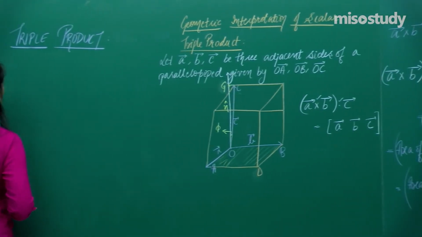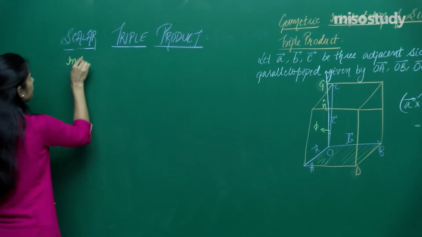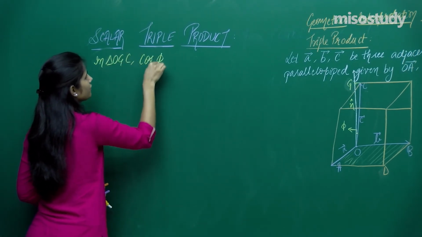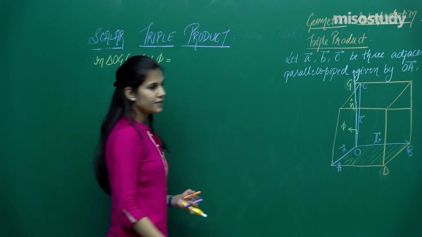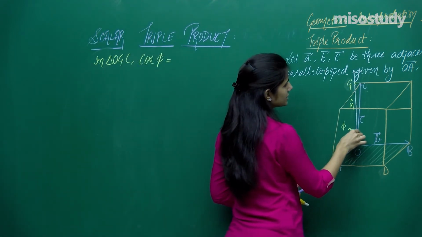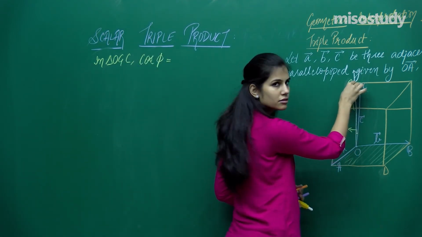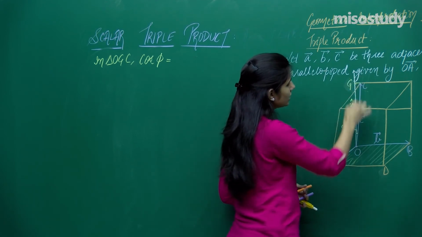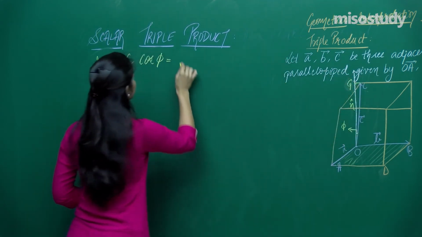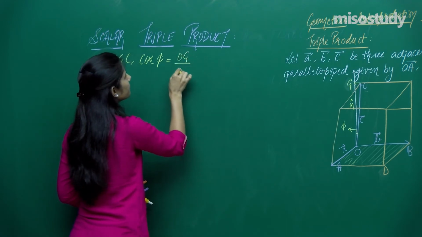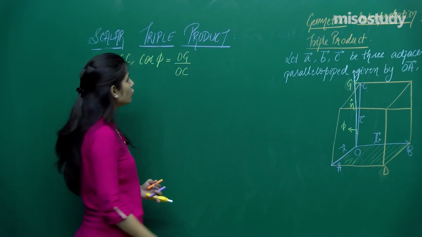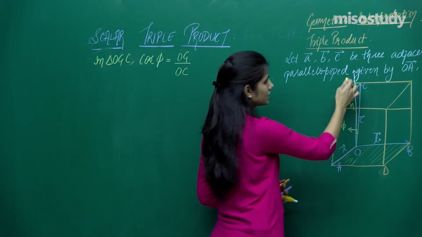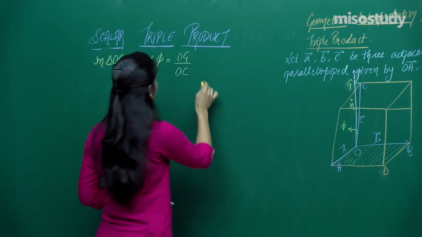So in triangle OGC, if I talk about cos phi, this is the right angle. So cos phi will be the base OG upon OC. What is OG? This is OG. And what is OC?